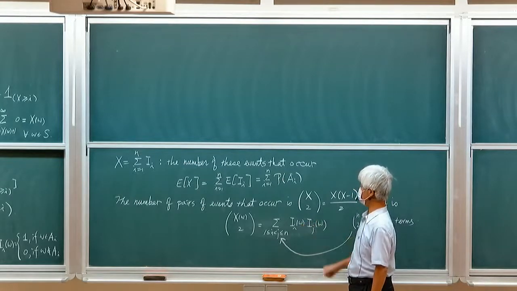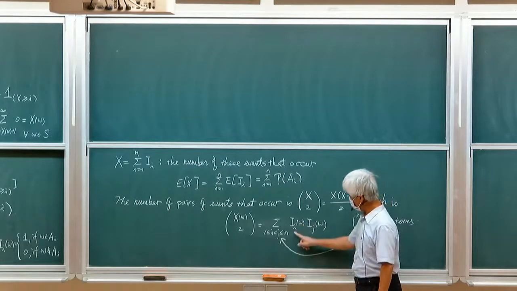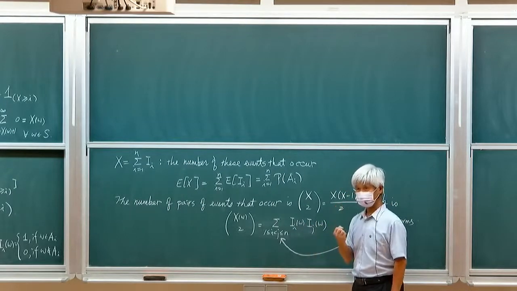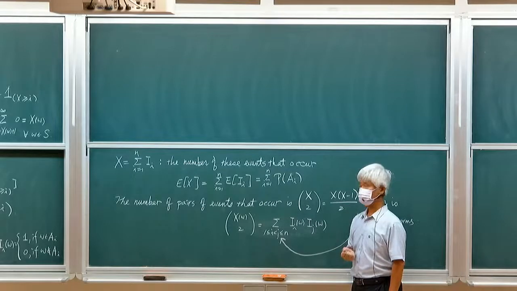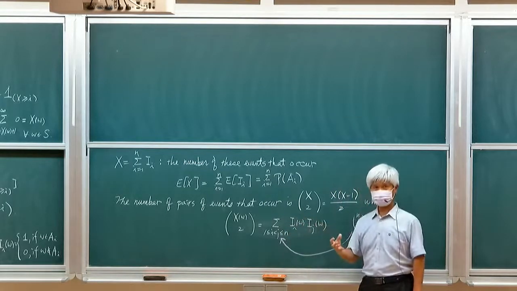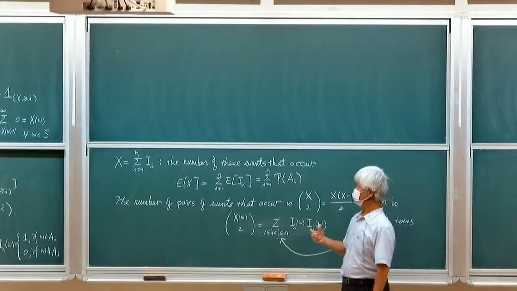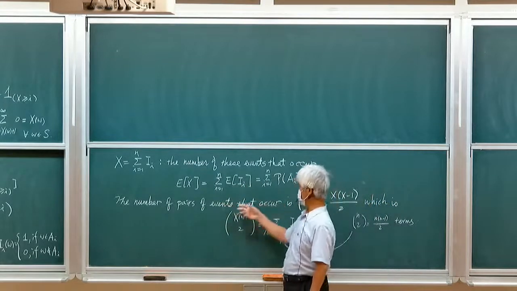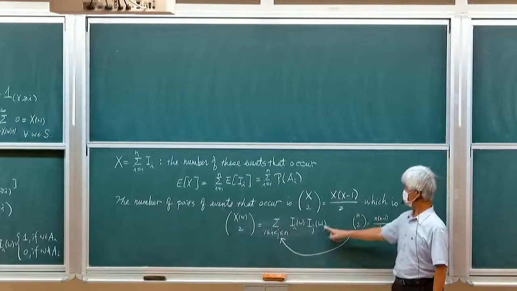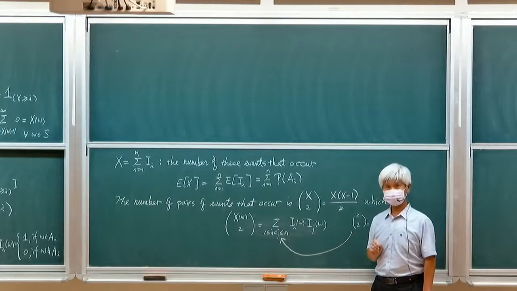If either one does not occur, then this product is equal to 0. So this summation is just the number of pairs of events that occur if a certain outcome is observed.